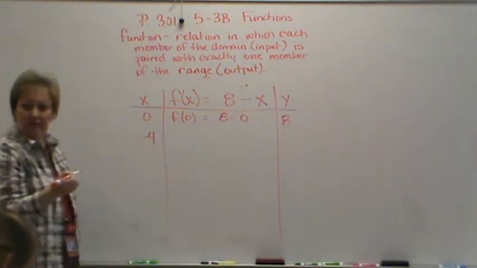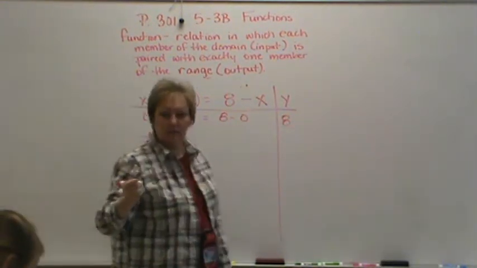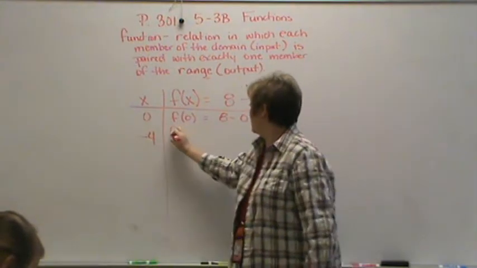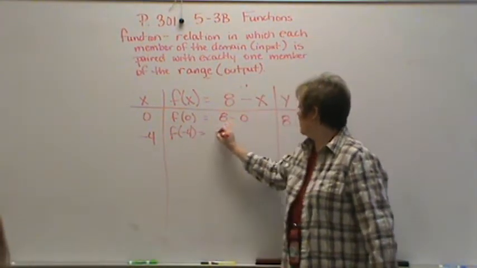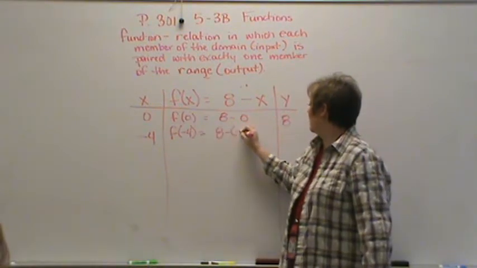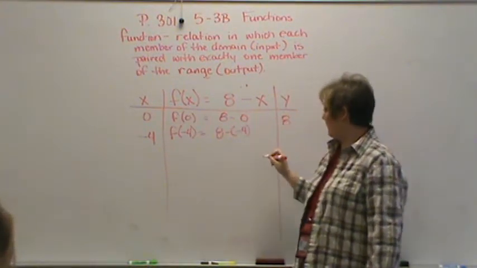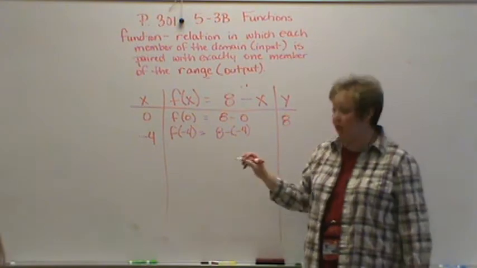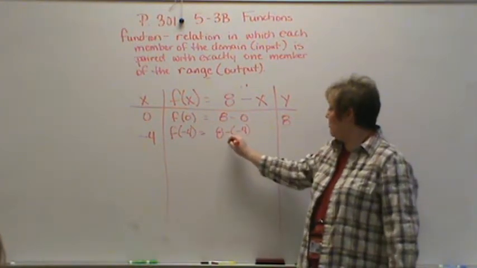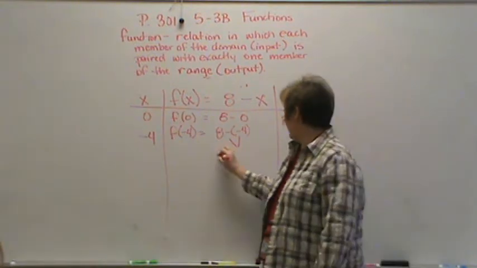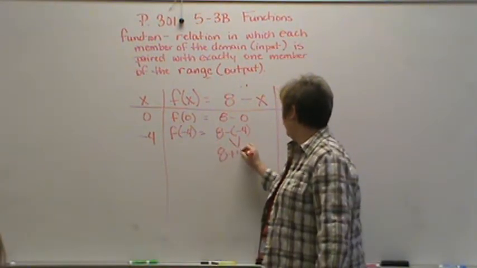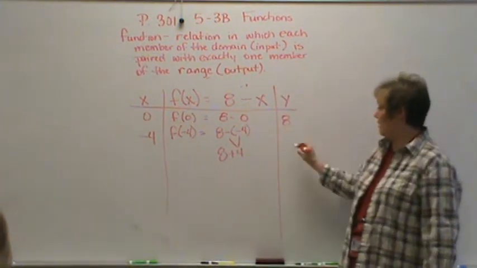Okay, so now if I've got -4, what's it gonna be? f of x equals 8 minus -4. That's gonna be a double negative. So you add them. Very good. Double negative is a positive, so we got 8 plus 4. That equals 12.